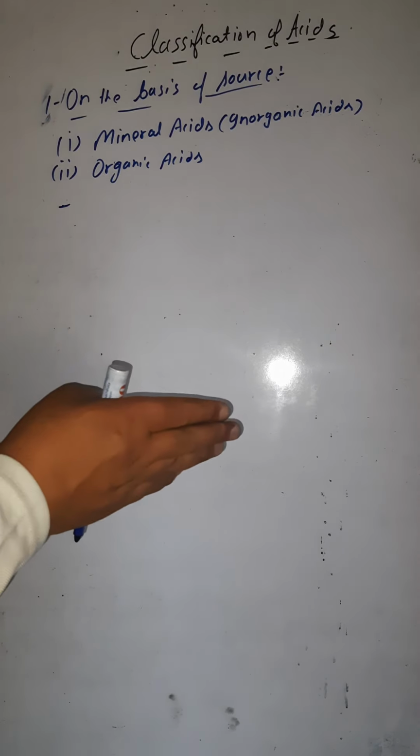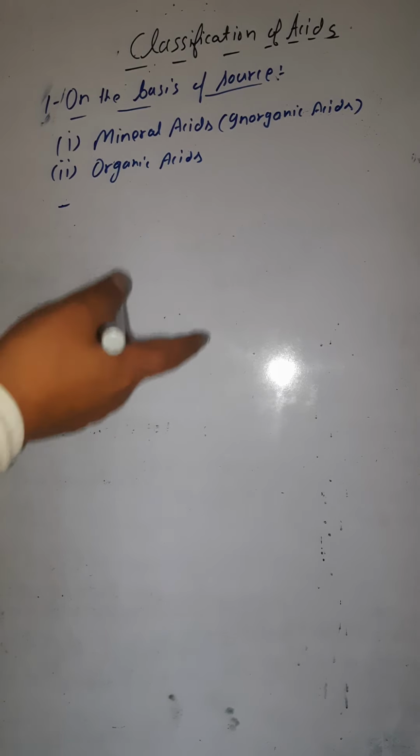Mineral acids are the acids which are obtained from the minerals, not from organic material like animals and plants. These acids are only obtained from minerals, so they are called mineral acids, also known as inorganic acids.